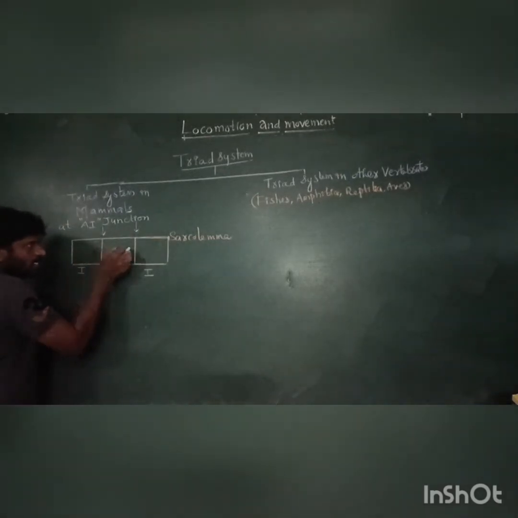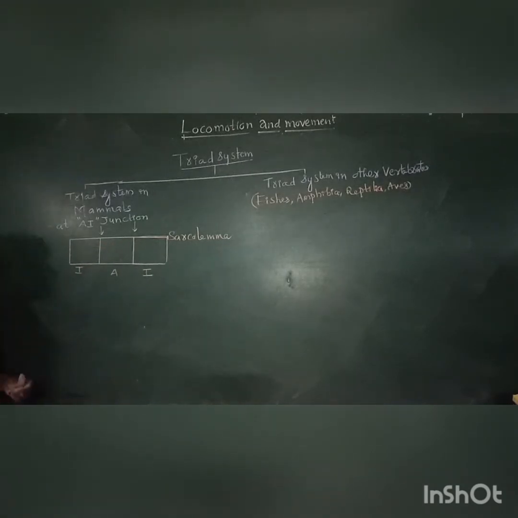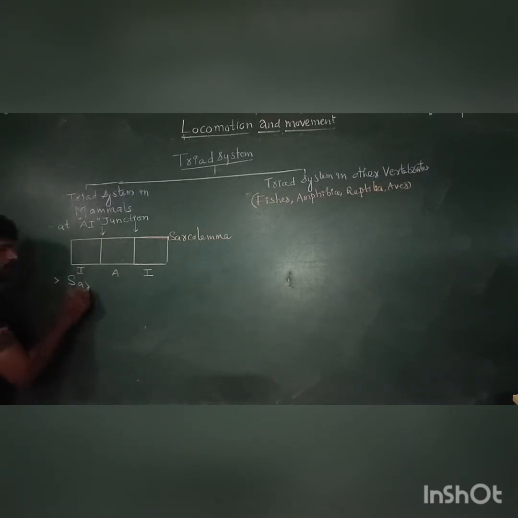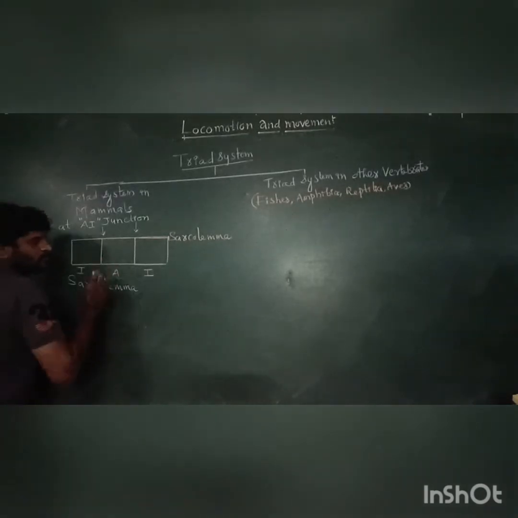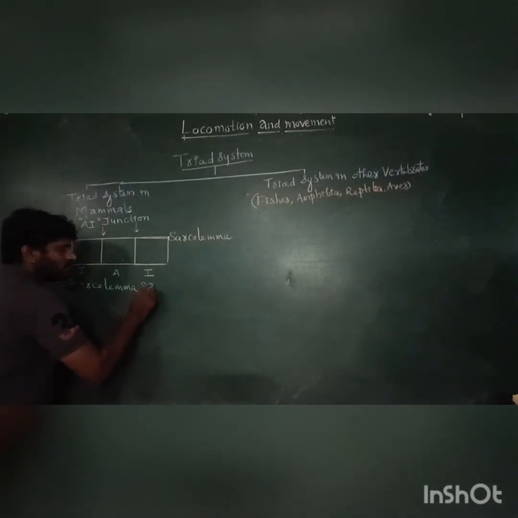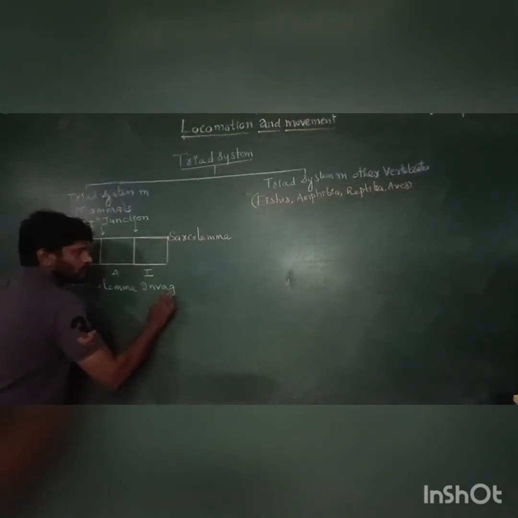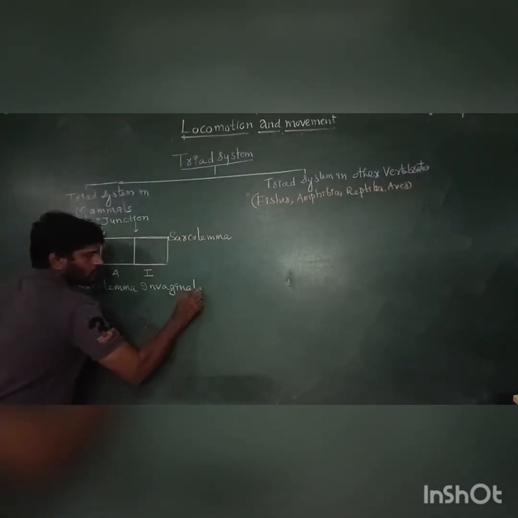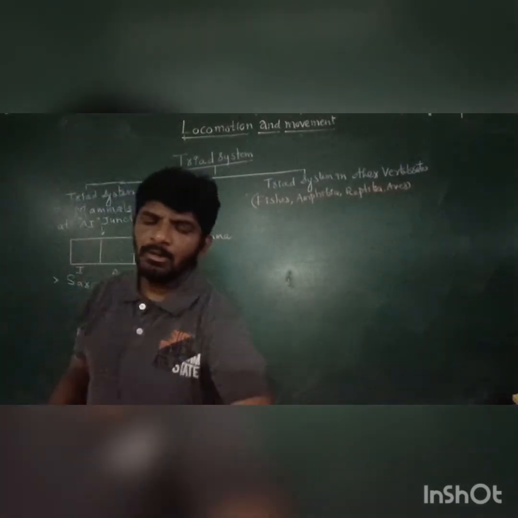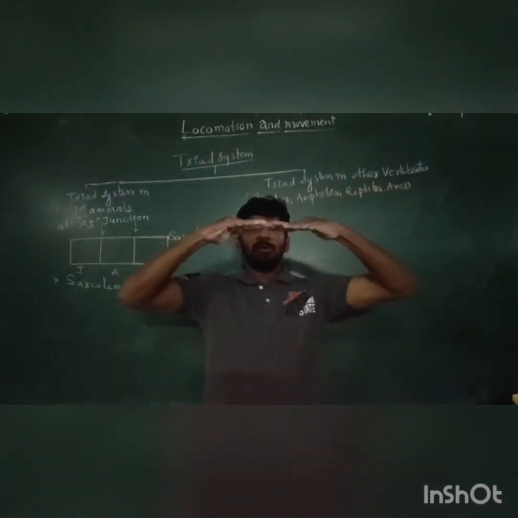The number of terminal cisternae is 4: 1, 2, 3, 4. The number of triads is 2, and the number of T tubules is 2 in the case of mammals.